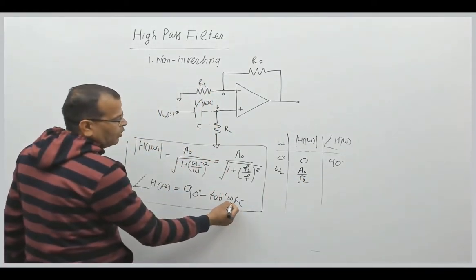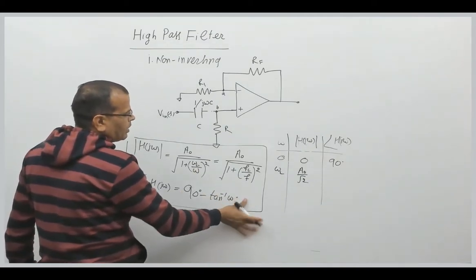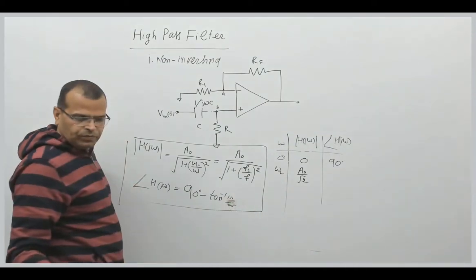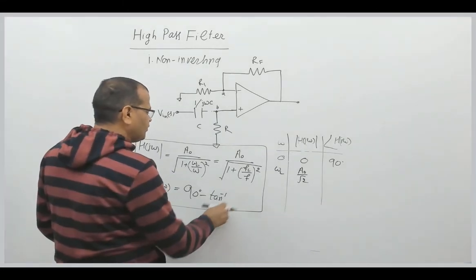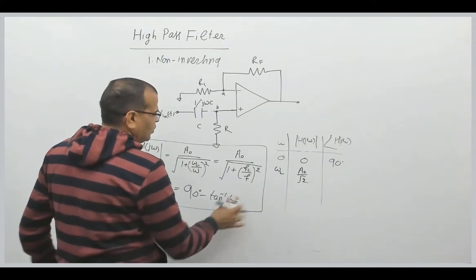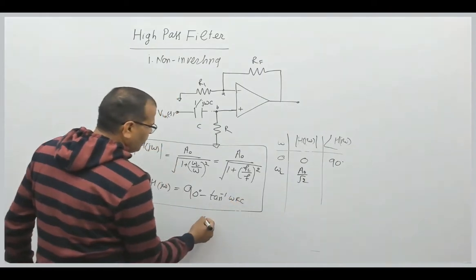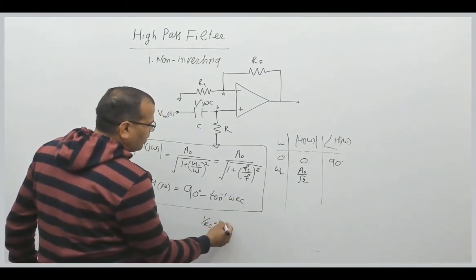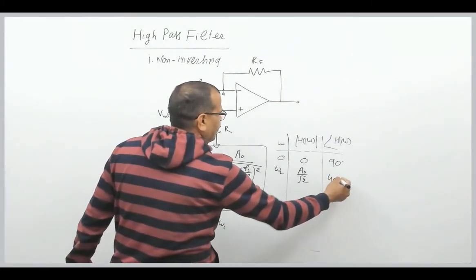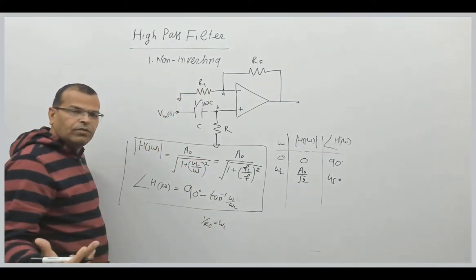When you put omega equal to omega L, you can rewrite it like this: that was omega RC, and 1 by RC is omega L, so omega by omega L, right? So this becomes 45 degree. You can see when omega is omega L, this becomes 45 degrees. So 90 minus 45 degrees, 45 degree.